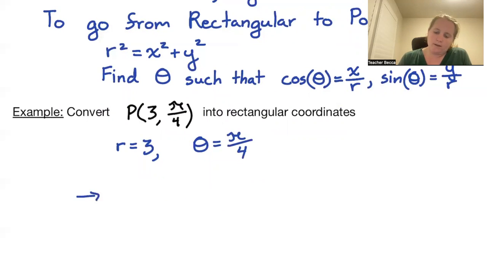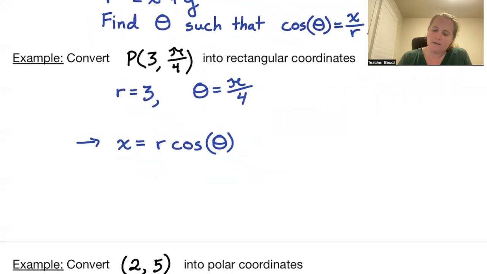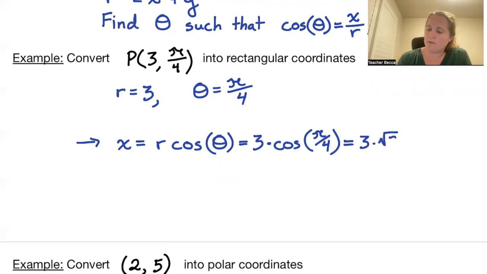So that means that our x should be equal to r times cosine of theta, which is simply 3 times cosine of pi over 4, otherwise known as 3 times root 2 over 2.